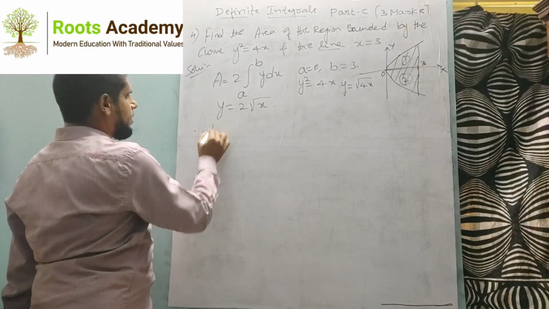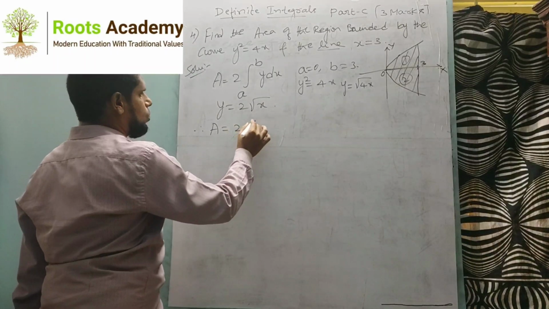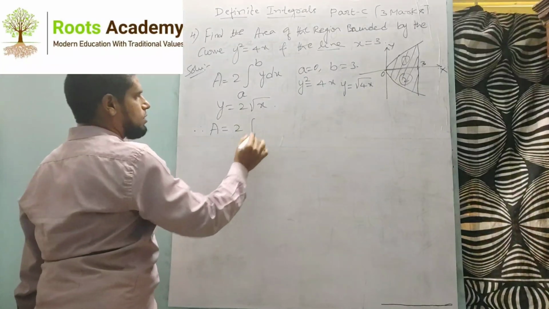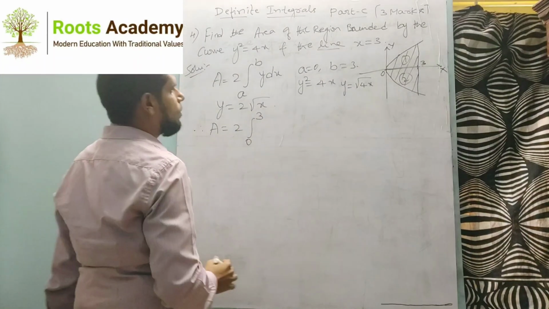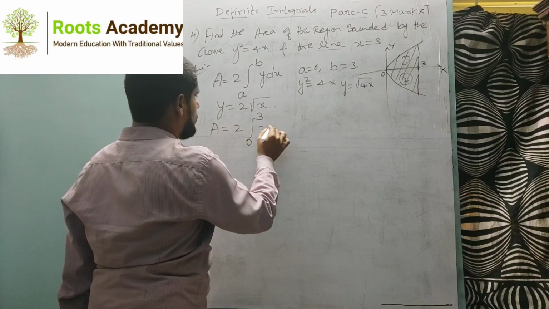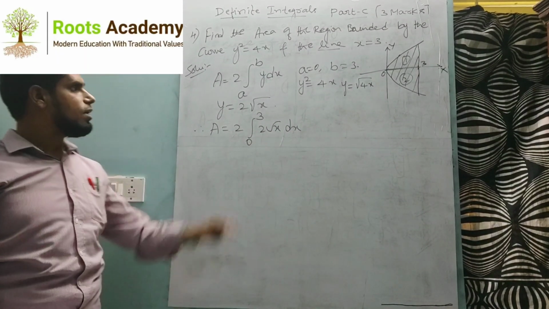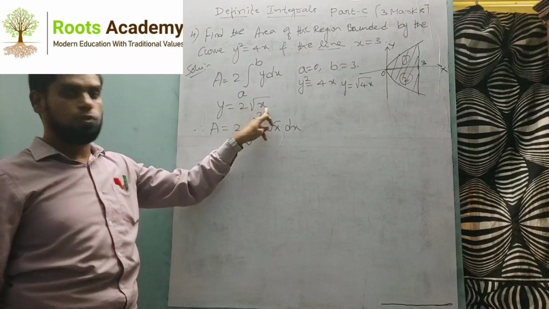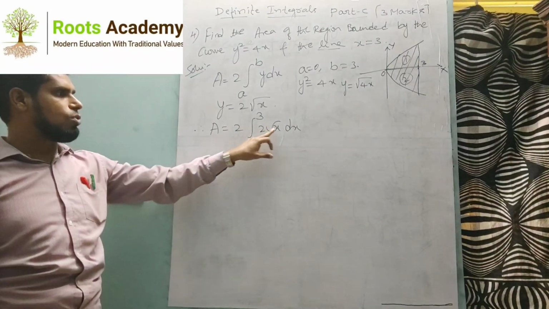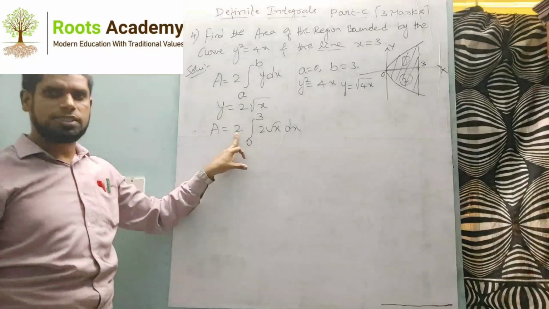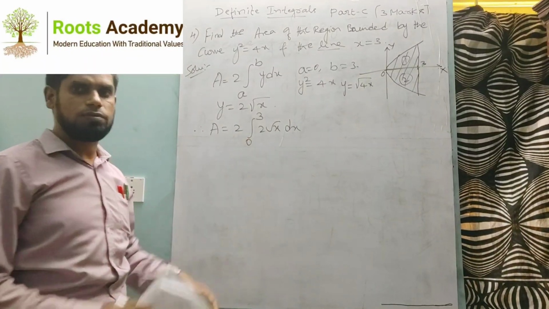Therefore, area equals 2 integral 0 to 3, y is how much? 2 root x dx. The value of y here is 2 root x. This 2 is a coefficient of root x. We take it outside the integral. Already 2 exists here. So this 2 into 2 gives 4.